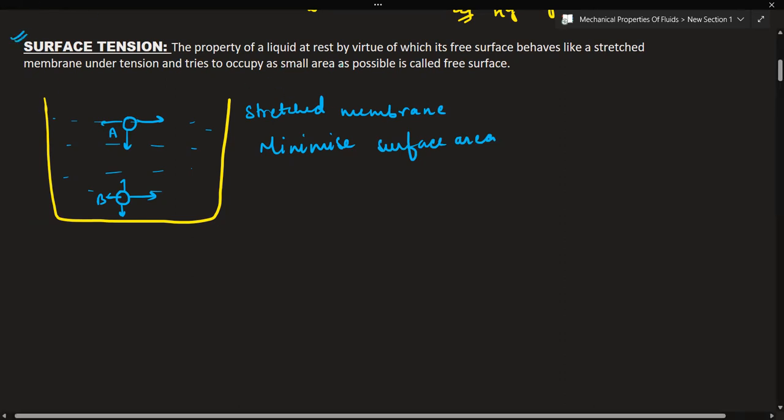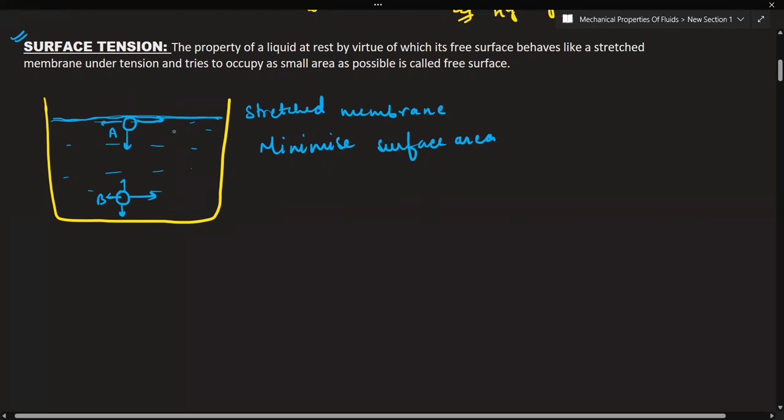The property of a liquid at rest by virtue of which its free surface behaves like a stretched membrane. This is the free surface of the liquid under tension, and it tries to occupy as small an area as possible. It tends to minimize its surface area. So this phenomenon is known as surface tension.